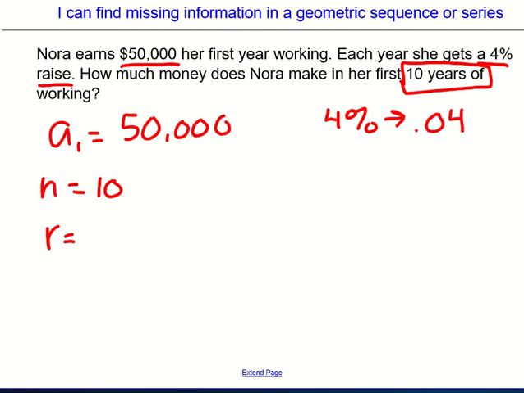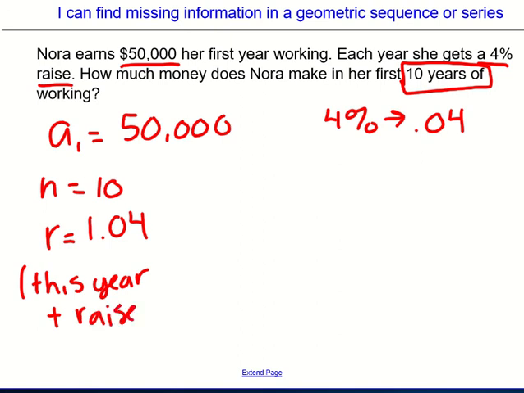But the ratio isn't 0.04, because you need to include what she made the year before. So our ratio is actually 1.04, because it includes this year plus her raise. Be really careful with that.